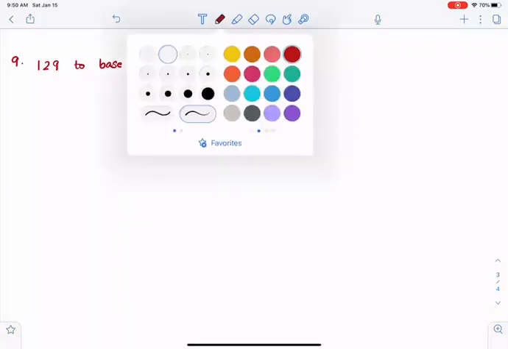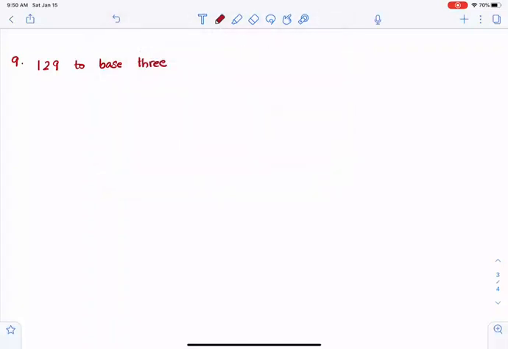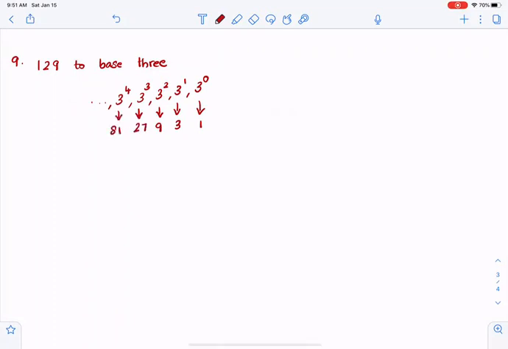So since it is base 3, let's write it out. So 3 raised 0, 3 raised 1, 3 raised 2, 3 raised 3, 3 raised 4. 3 raised 0 is 1, 3 raised 1 is 3, 3 raised 2 is 9, 3 raised 3 is 27, 3 raised 4 is 81, 3 raised 5 is 243.